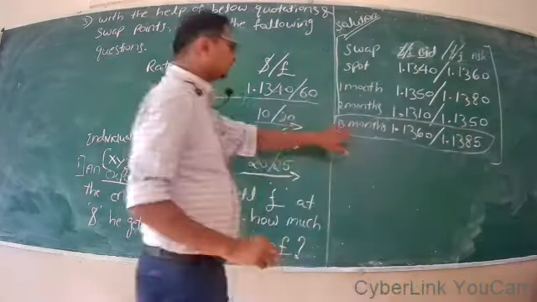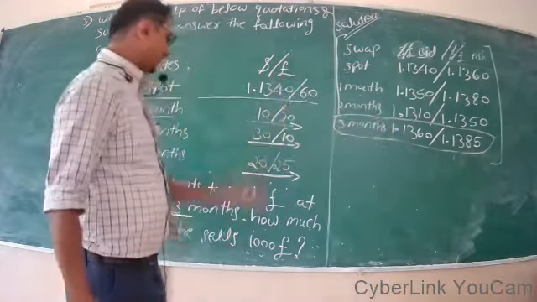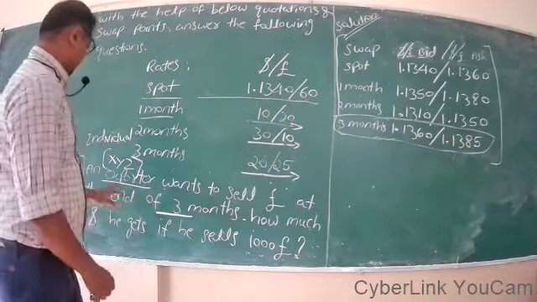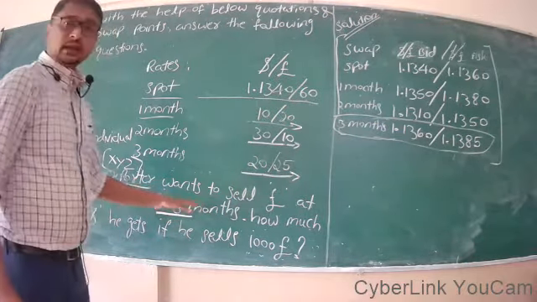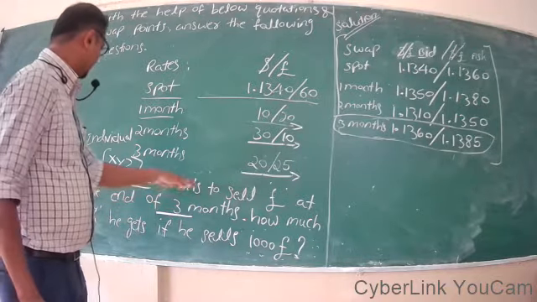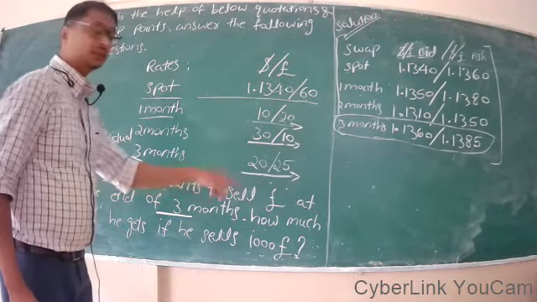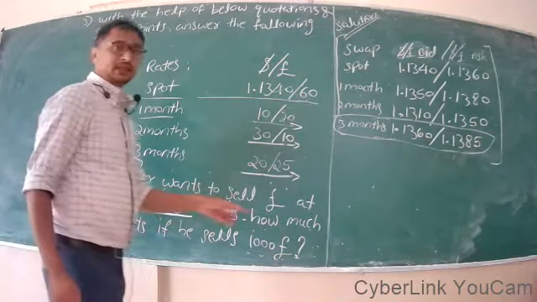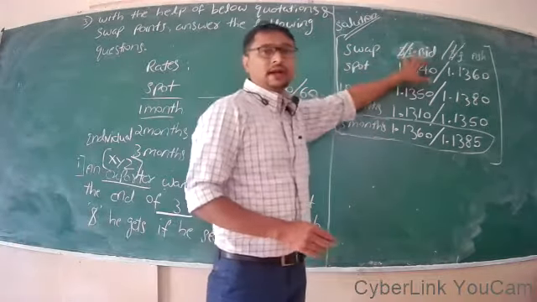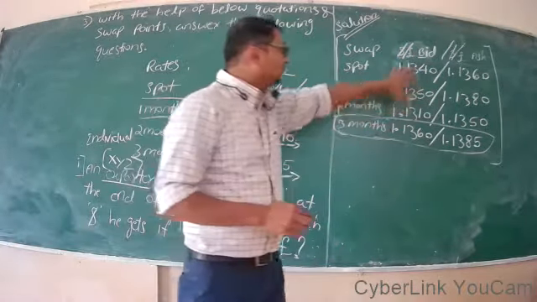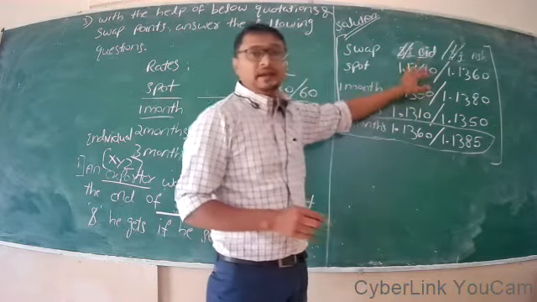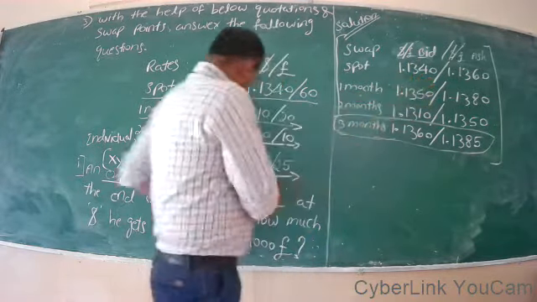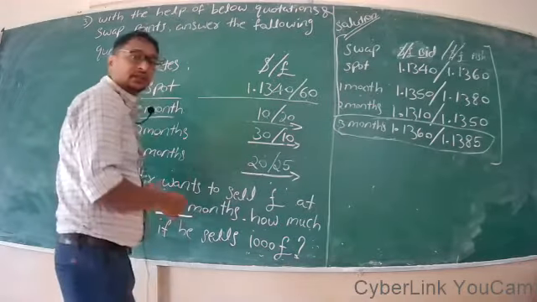This particular question is related to 3 months, right? So at what rate? We discussed earlier that an individual wants to sell. If he is going to sell, ultimately the marketer or banker becomes the buyer. So these are the quotations given by the banker or marketer to this person, Mr. XYZ, right?